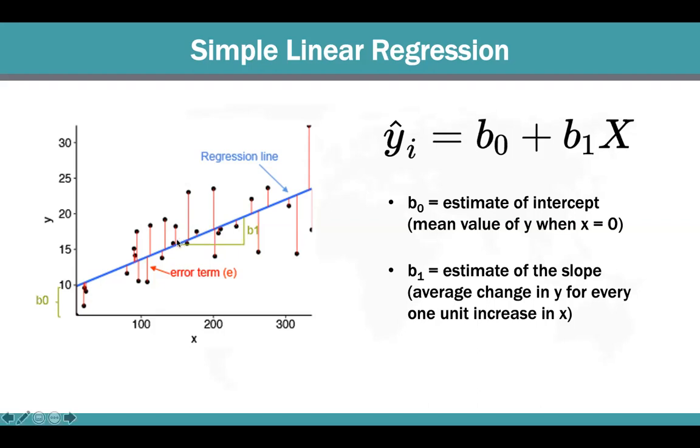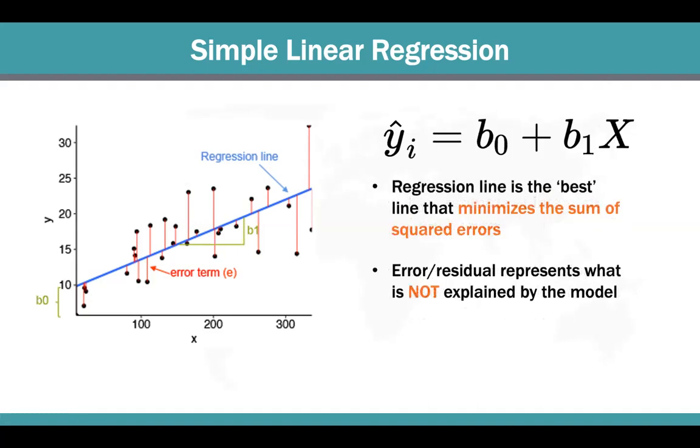The y hat is the predicted value of y for a given value of x. In other words, it means the y value for a given value of x. So the predicted mean value of y for a given x is the sum of the intercept, which is B0, plus the slope times the given x value.